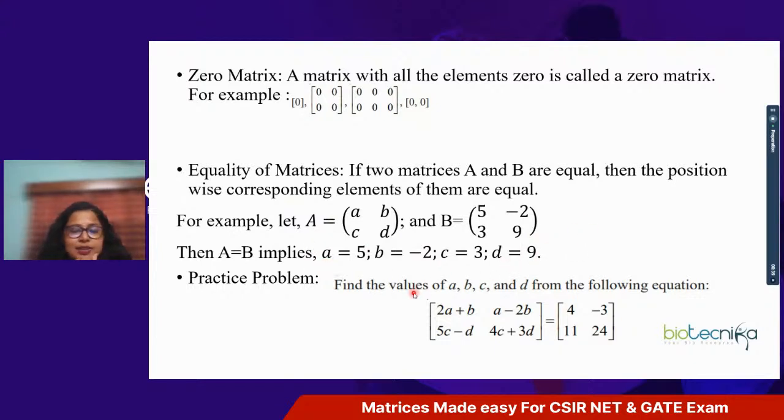Okay, now let us have a practice problem. Find the values of A, B, C, and D from the following equation. There are two matrices given, both are equal, and we have to find the values. Let me just paste the problem on the whiteboard and solve it.